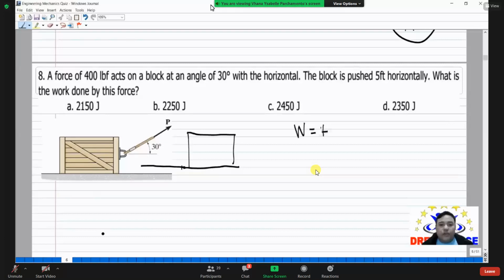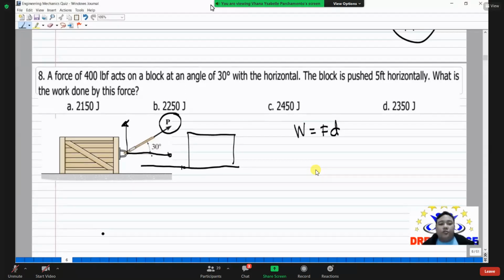So work is equal to the force times the distance it's traveled. So dito, sa ating force, however, is naka-incline siya or merong certain angle. So, dito, i-breakdown natin to into components kasi yung ating isang component dito ay walang kinalaman sa work.